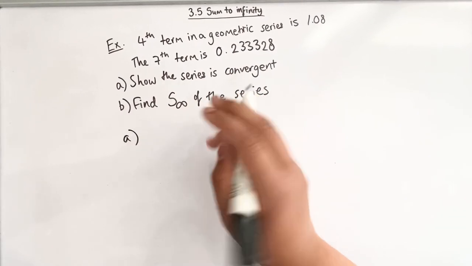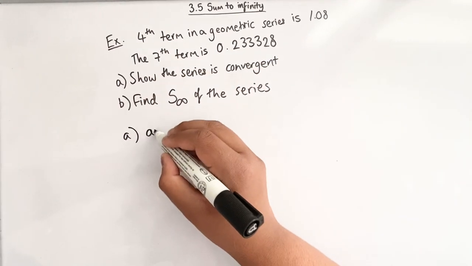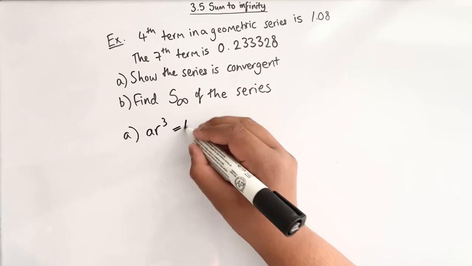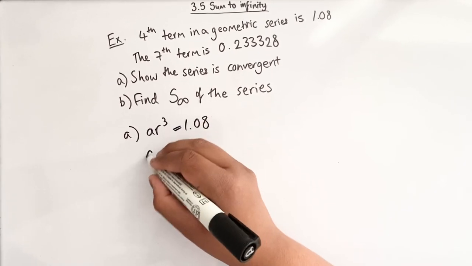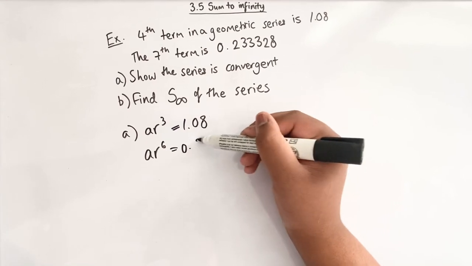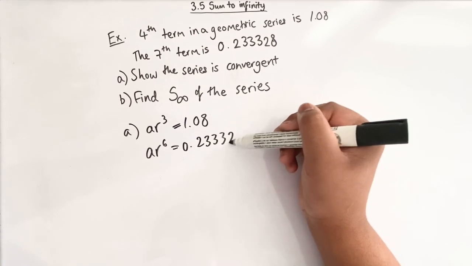For part a, we know the fourth term means ar cubed, n minus 1, so 4 minus 1, which is 3, is equal to 1.08. And we know ar to the 6, because of the seventh term, is 0.23328.